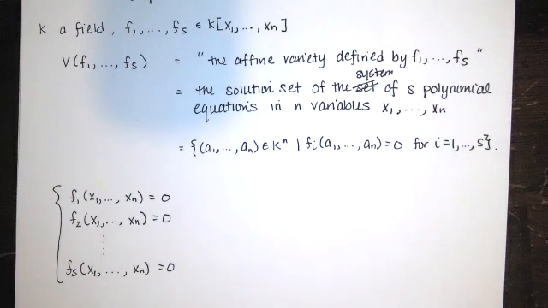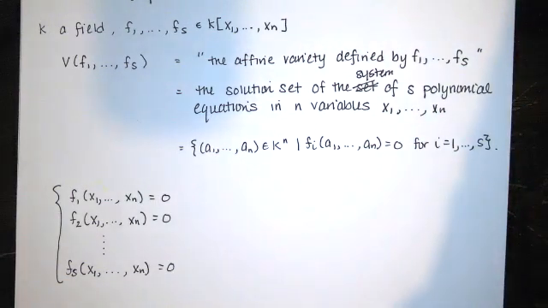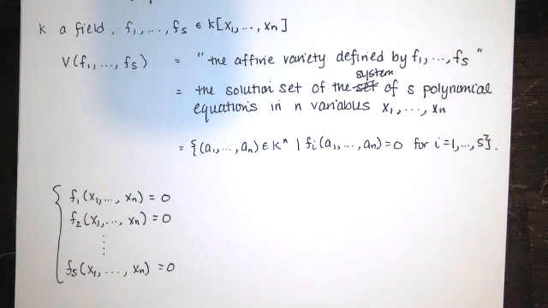You've done this before. If you have taken a pre-calculus class, you've done this before. If you have taken multivariable calculus, you've done this before, probably with optimization problems involving polynomial functions in 2 variables. We're doing exactly the same thing here. We're just talking about n variables and s equations. We're just making it a little bit more abstract. But this is just the solution of these s equations in n variables.